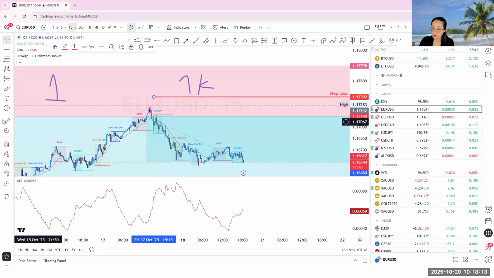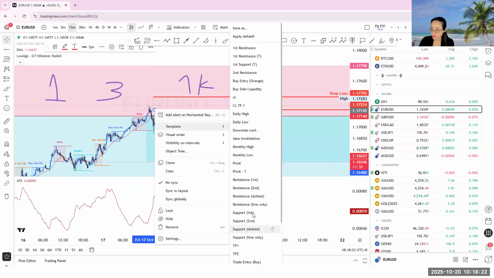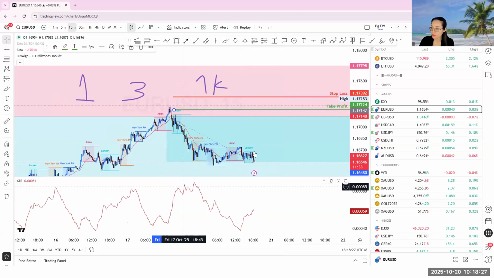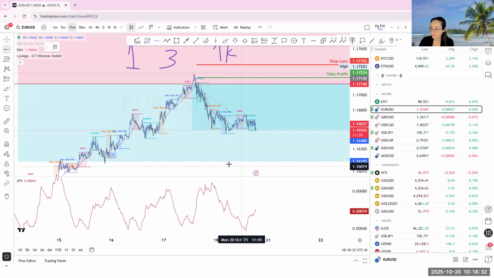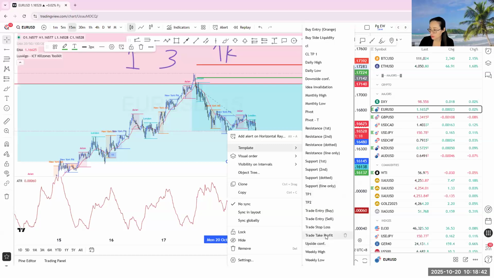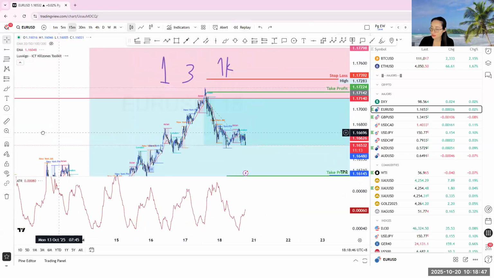So here could be 3 lots. Your entry is here, and your take profit is the same, right here. Meaning you're going to get a risk and reward of more than 1-to-1, and you only risk $1,000, the same, right?